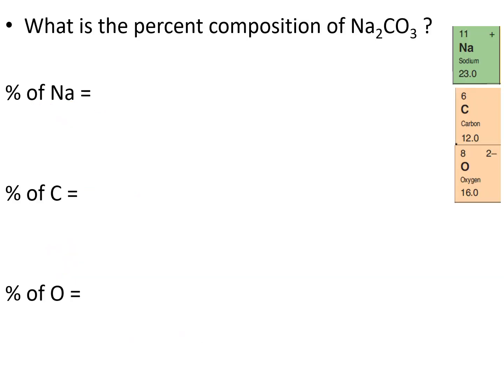So here we have another one. We have sodium carbonate, and sodium carbonate is a little bit bigger. So again, the first step is to figure out what is the total molar mass of this. So sodium right there is 23, but we have two of them. So 23 plus 23 is 46, plus 1 carbon, and we have 3 oxygens.